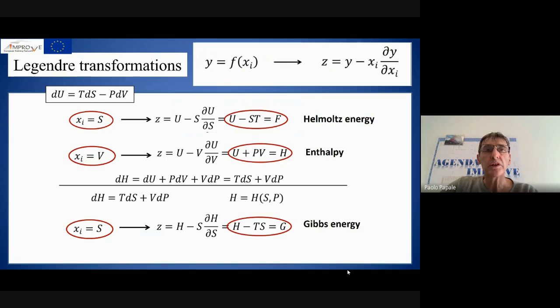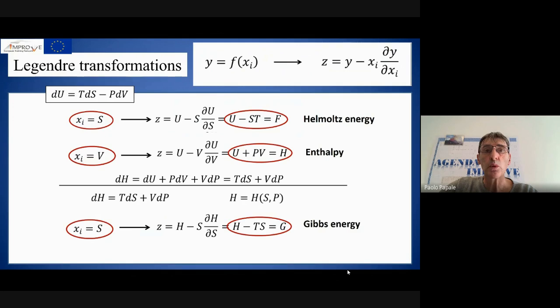We can apply the Legendre transformation several times to each of the new functions that we have found, by continuing to change the independent variables. If we do that, we end up with the same quantities already defined here: internal energy, Helmholtz energy, enthalpy, and Gibbs energy. Each of these quantities is a measure of the energy of the system, and each of them is a state variable.